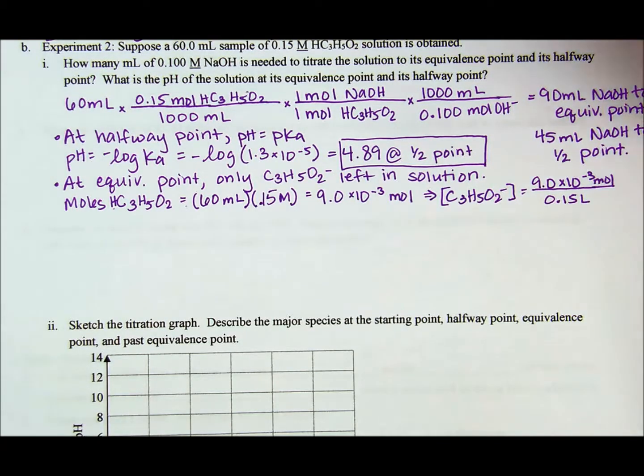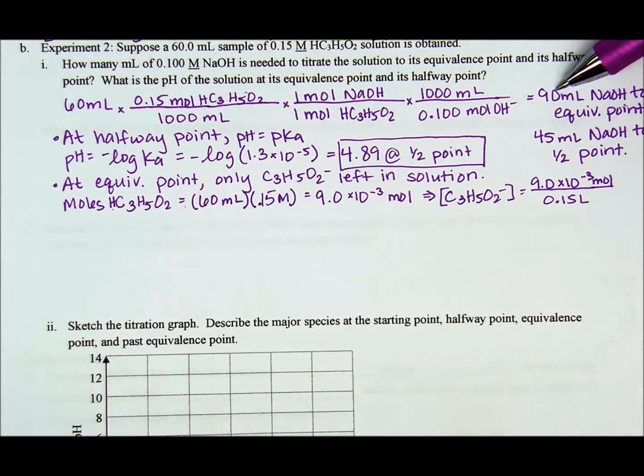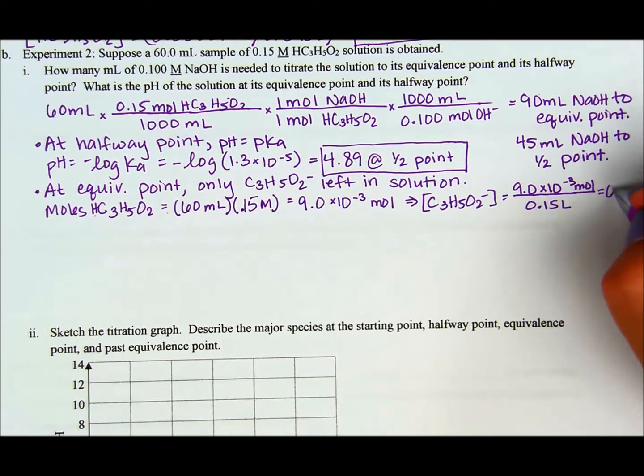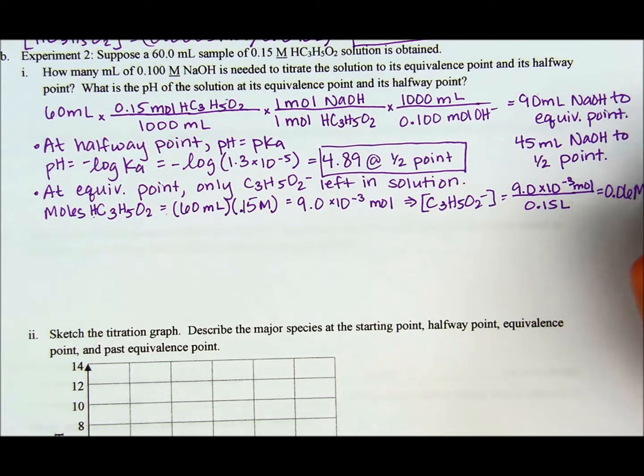Since I started with 60 milliliters of the sample, and then I had to add 90 milliliters of NaOH, my total volume now is 150 milliliters. So 60 plus 90 is 150 milliliters, so that's the same as 0.15 liters. That's where I got this total volume number from. All right, plug this into your calculator, and you get that this concentration is 0.06 molar.